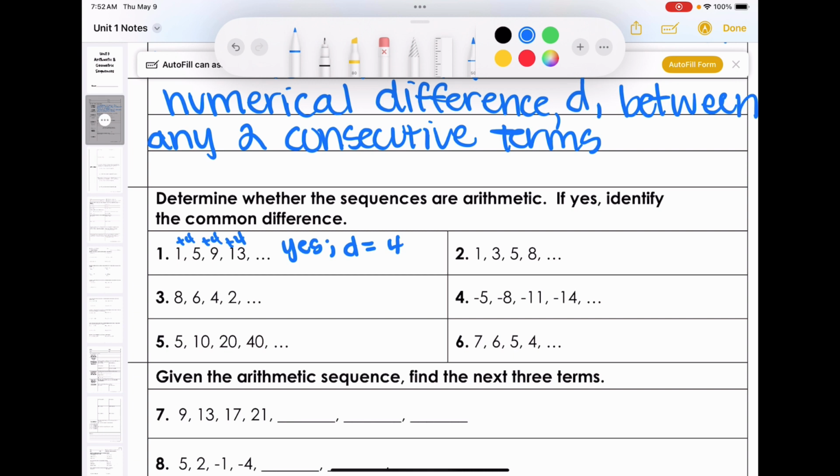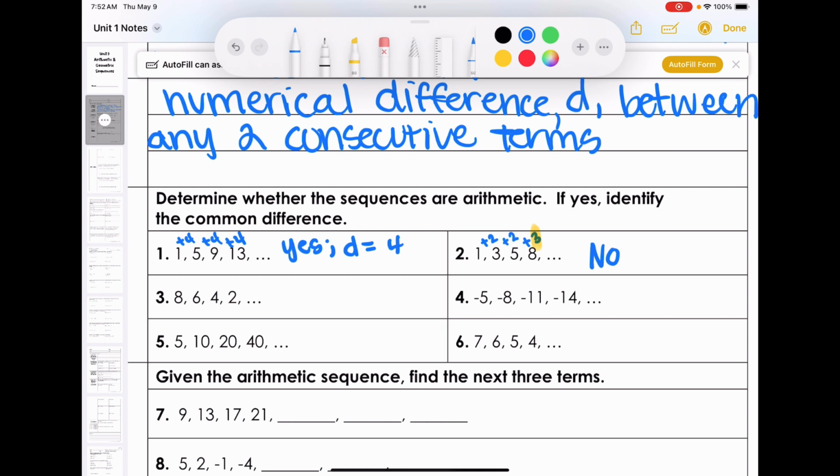All right, number 2, we have 1, 3, 5, and 8. So to get from 1 to 3, I add 2. To get from 3 to 5, I add 2. To get from 5 to 8, I add 3. So since we're not adding by 2, the number changed, that makes this not an arithmetic sequence.